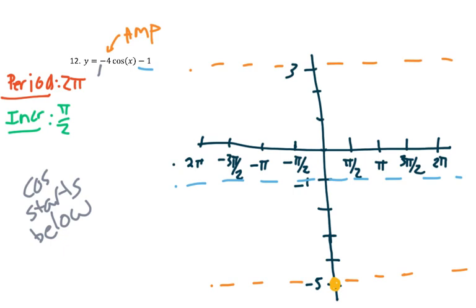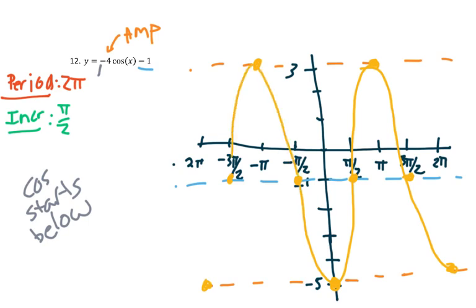So it's at the bottom, so then I go to my midline, and then to the top, and then to the midline, and then to the bottom. And then we follow this back through. So to my midline, to the top, midline, and bottom.